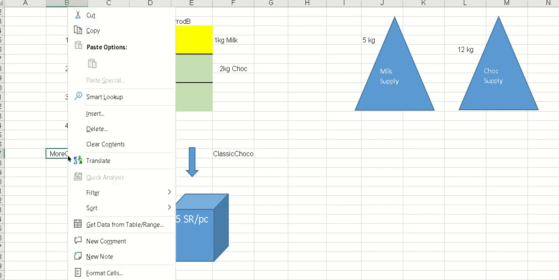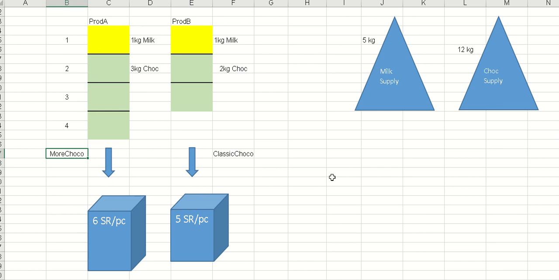Now, given this particular understanding of the problem, I can produce just product A. I can just produce this product, more choco, forgetting the classic choco. And in that case, I will be producing only 5 pieces of this particular product of more choco.